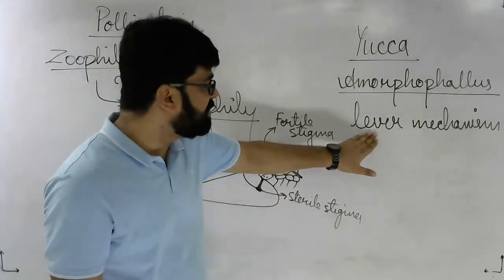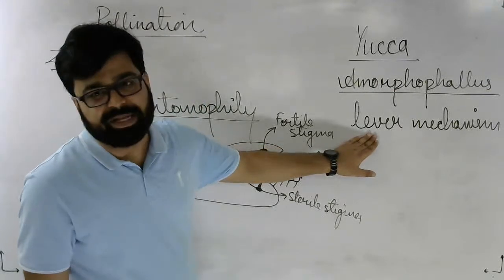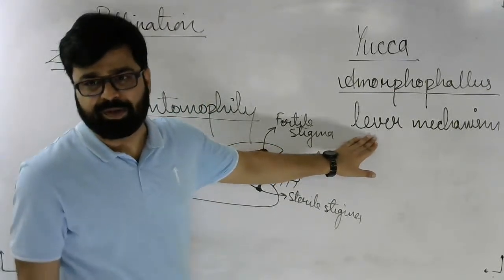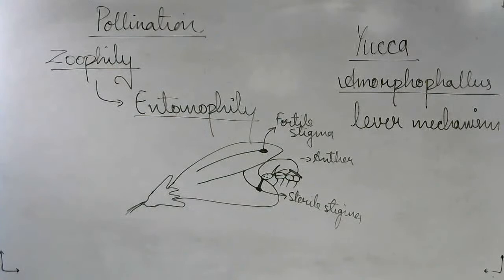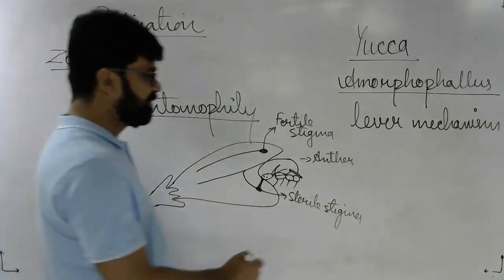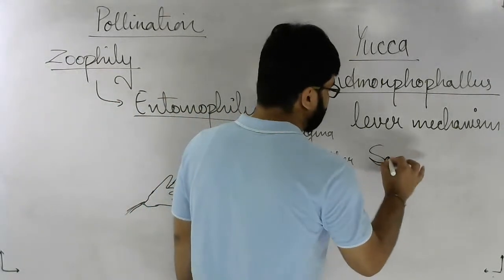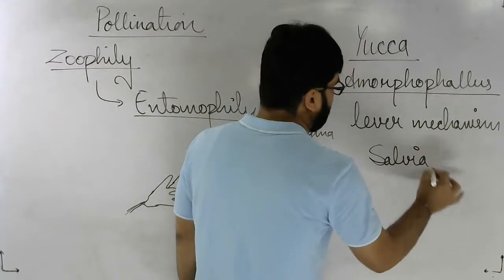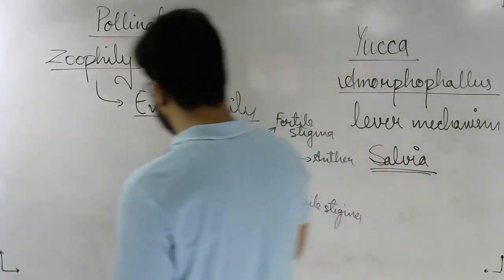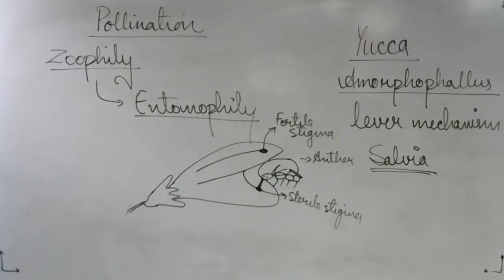This is the turnpike method or lever mechanism of pollination, right? This is found in the plant salvia. So you need to remember the example. In salvia this mechanism is found. So that was about entomophily.